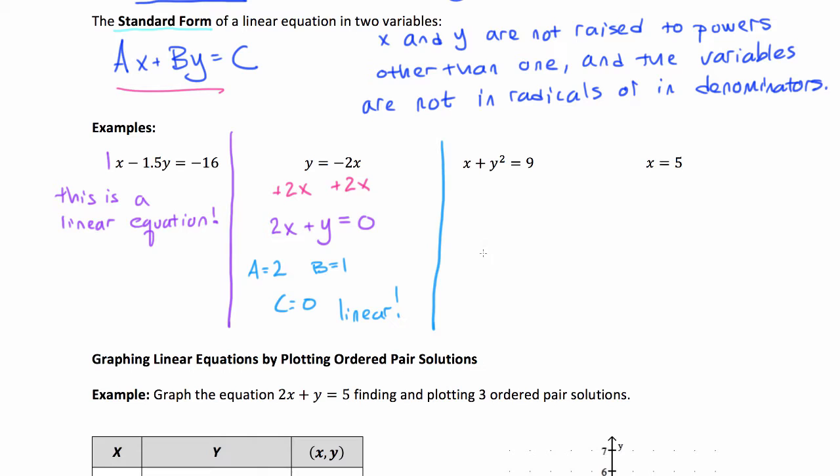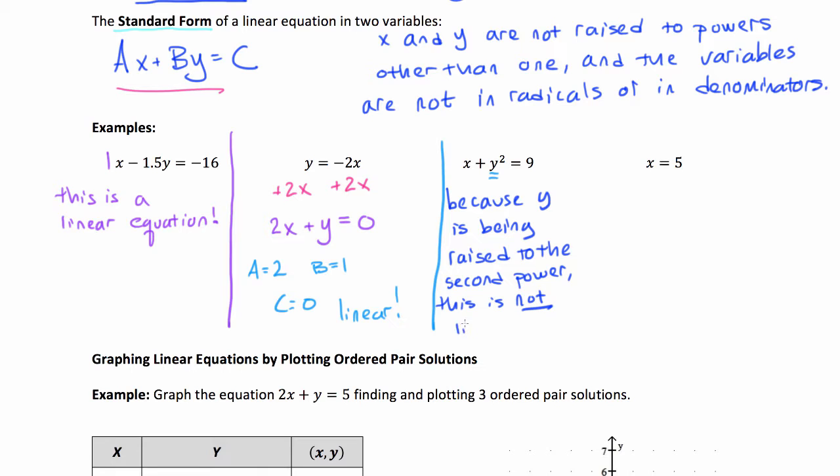Now this is a perfectly good equation, but because y is being squared, raised to the second power, this is not a linear equation.